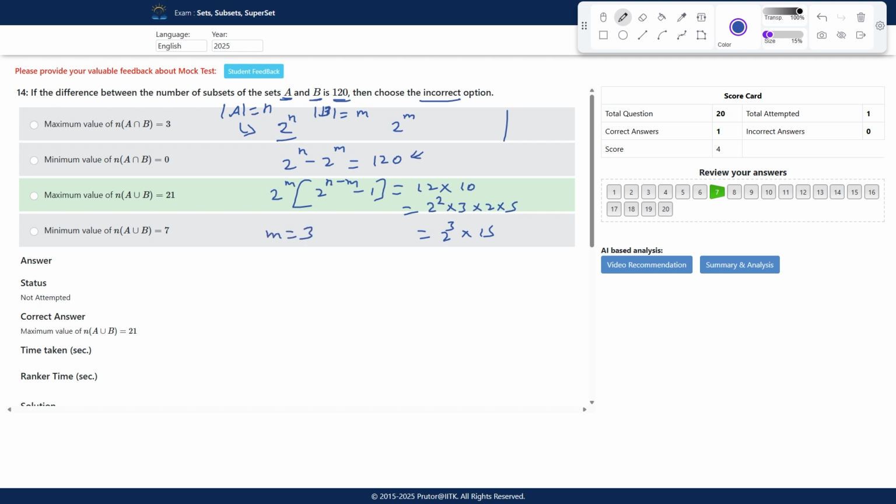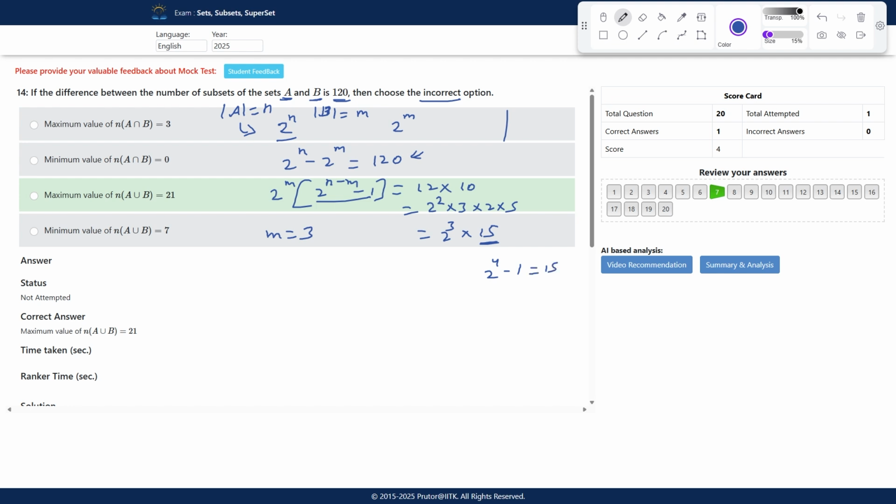Now this 15 can be broken down into this form: 2 raised to power something minus 1. Can you find the nearby number of the form 2 raised to power n? Yes, 16 is 2 raised to power 4. So this can be rewritten as 2 raised to the power 4 minus 1. Clear?